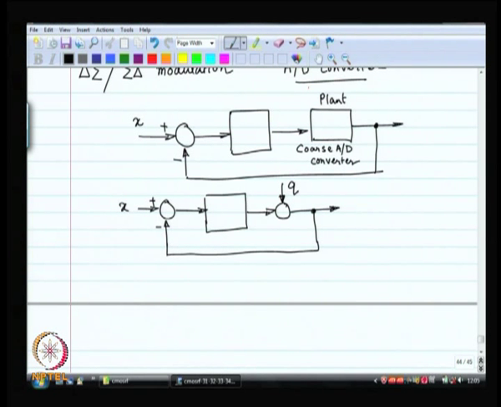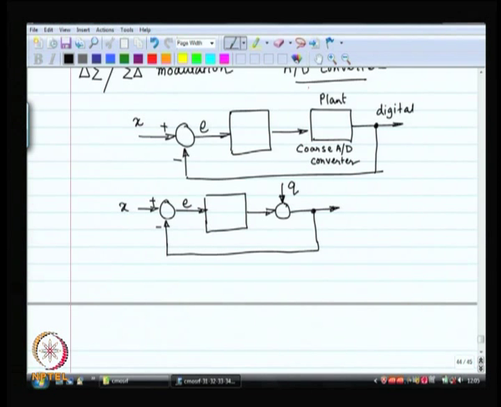Now, you are going to come back to me and say that x is an analog signal, this error is an analog signal. This is the controller or the loop filter, whatever you want to say, that is an analog signal. The output of the A to D converter is digital.